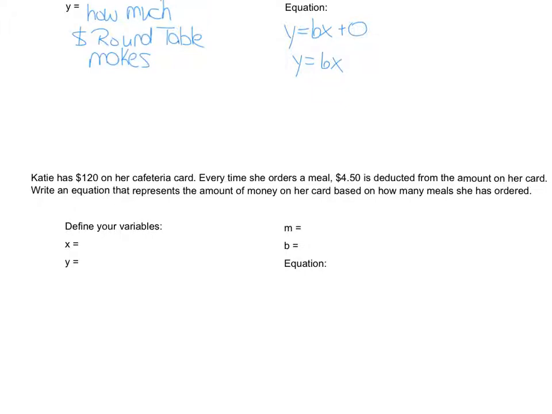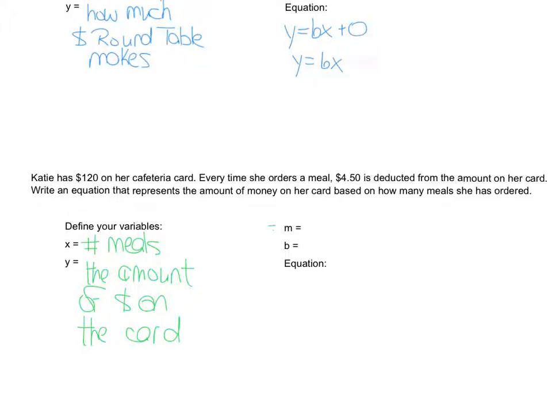So we want to know the amount of money she has after she's ordered so many meals. So the variable y is the amount of money on the card. And then x would be, what does this depend on? This depends on the number of meals she has ordered, right?